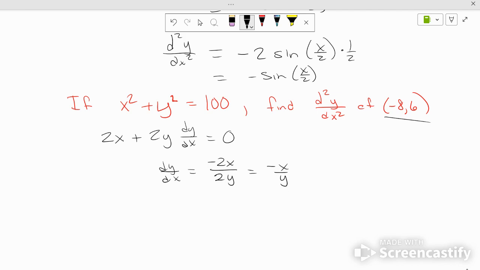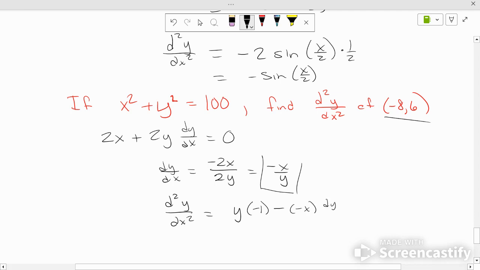Now we need to take the second derivative. So d2y dx squared. Quotient rule. y times the first derivative of negative x, negative 1, minus, or minus a negative x, right?